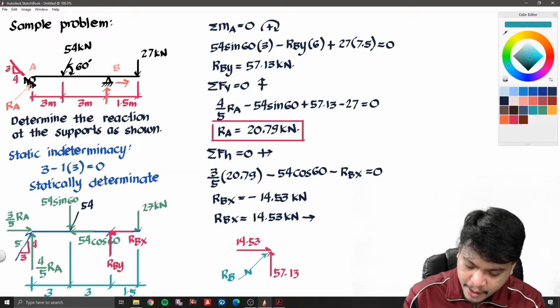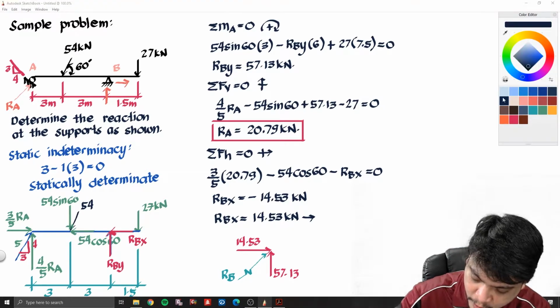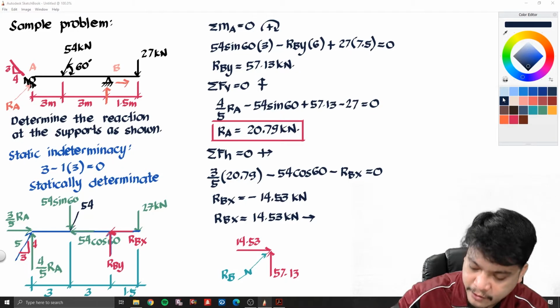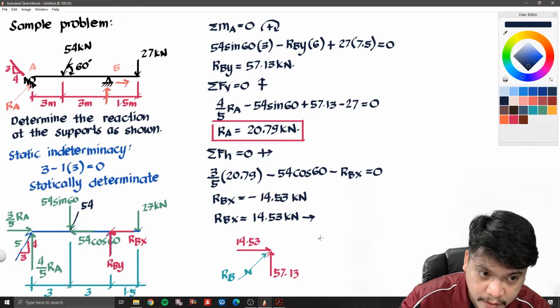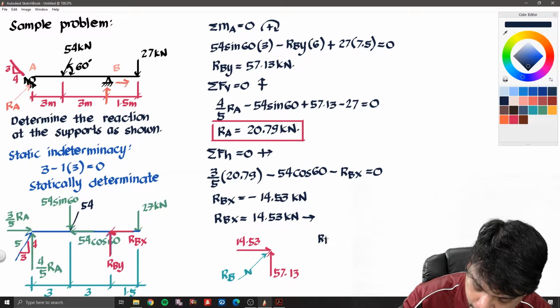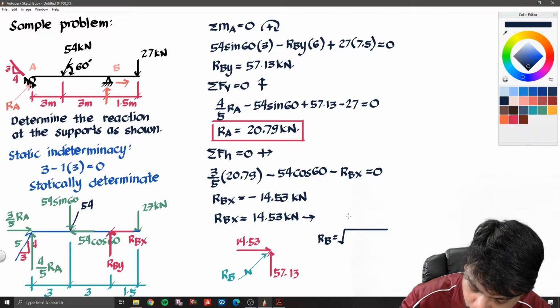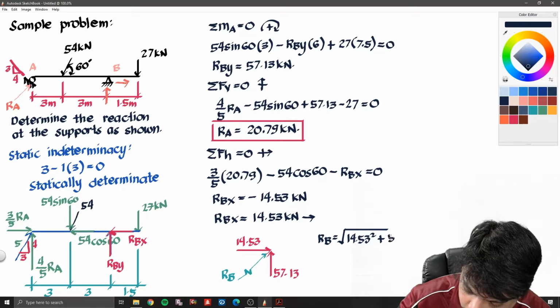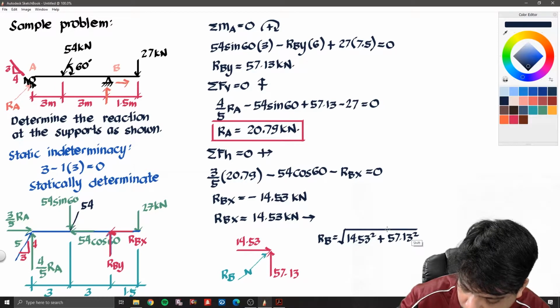Okay? So, my RB would become equal to the square root of 14.53 squared plus 57.13 squared. Okay?